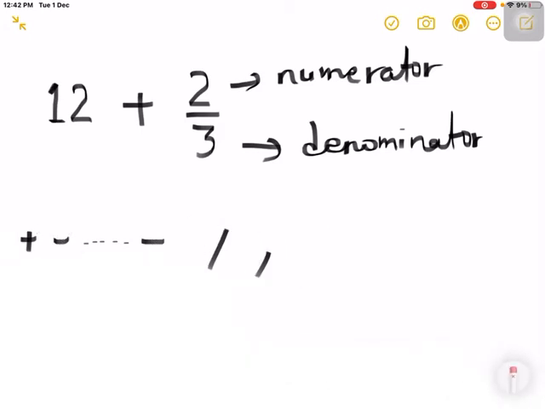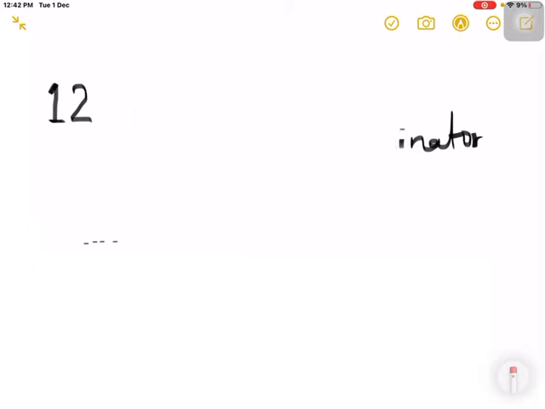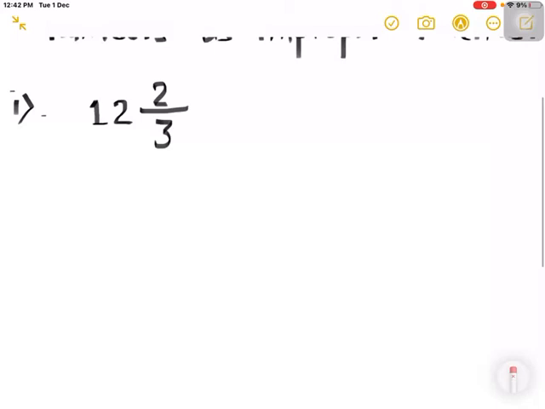So what do we have to do? We have a very simple, easy trick to convert a mixed fraction into an improper fraction.